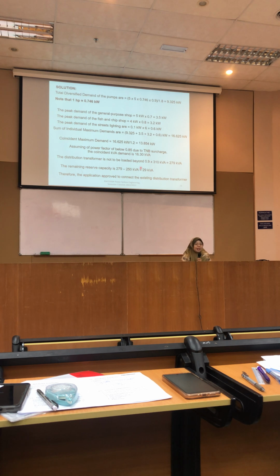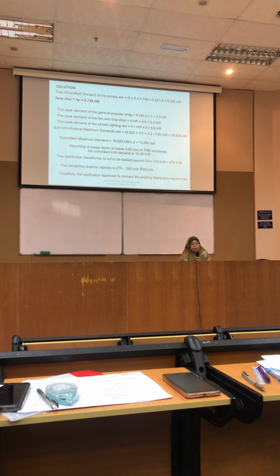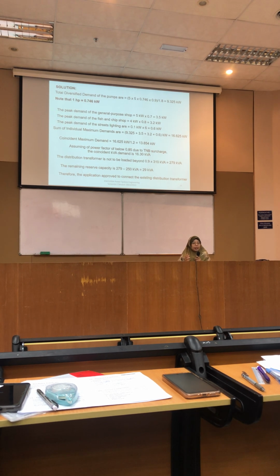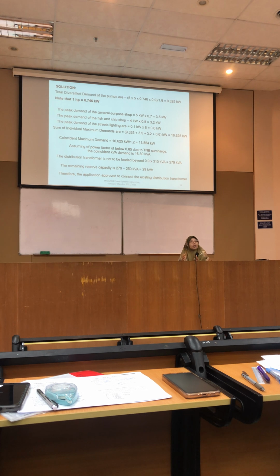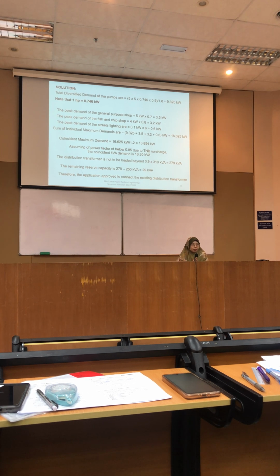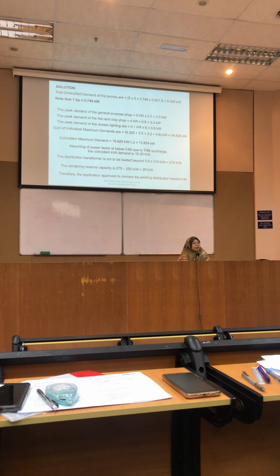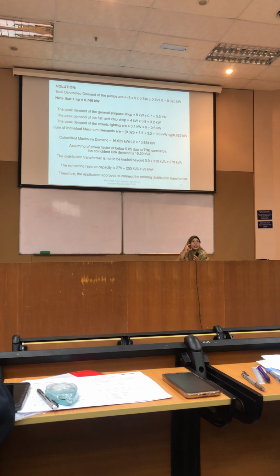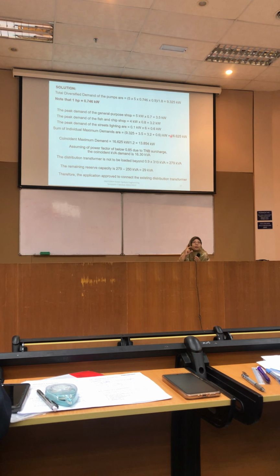16. So the balance capacity of the transformer that you can still supply is 29. The reserve capacity for the transformer is 29. The load of the complex that you are going to connect to the transformer is only 16, so it's still within the reserve capacity of 29.